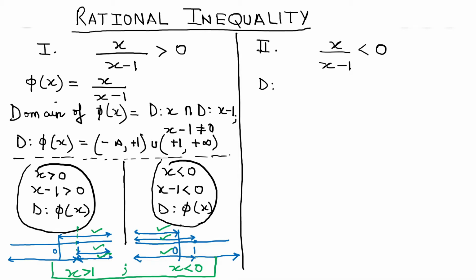We know that the domain of phi x, we have assumed that phi x is equal to x upon x minus 1. So the domain of phi x is nothing but minus infinity to minus 1, union minus 1 to plus 1, union plus 1 to plus infinity.